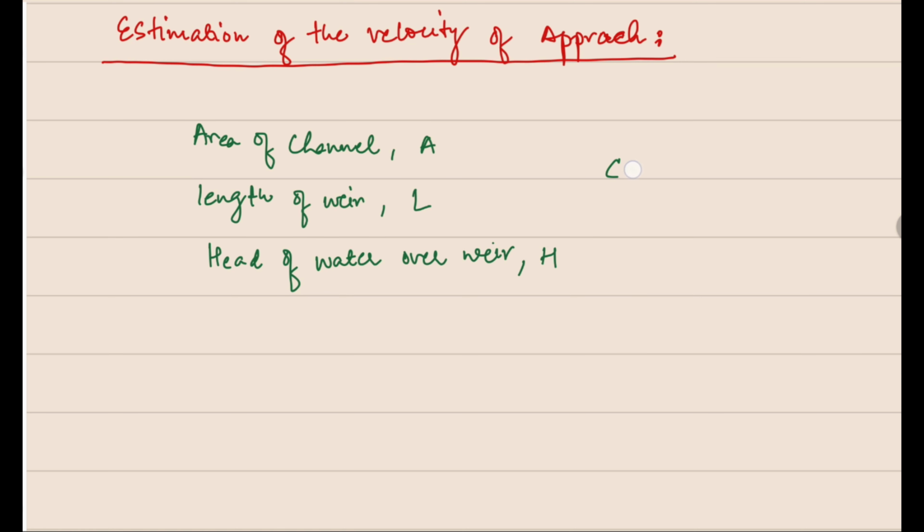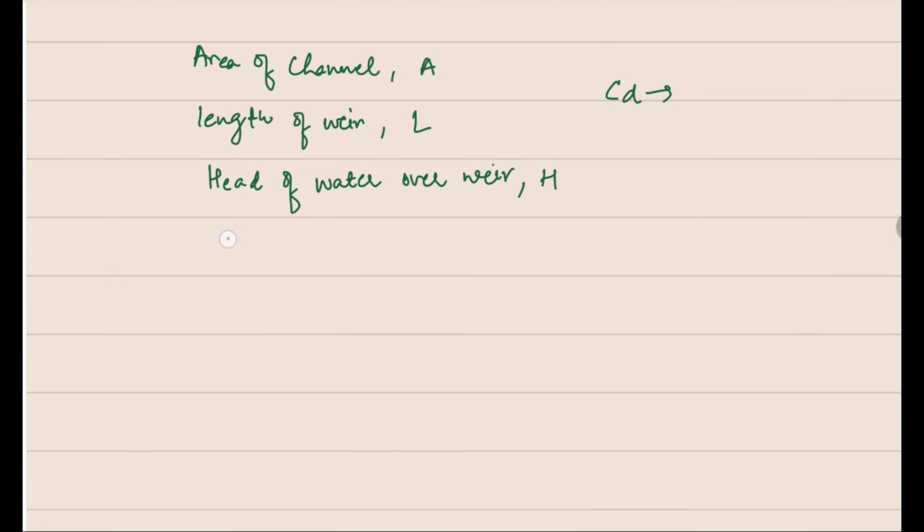And also the CD value will be given to us. What we will do is estimate the Q value using the formula we had earlier, without the consideration of VA. So that formula is the one that we have used so far.